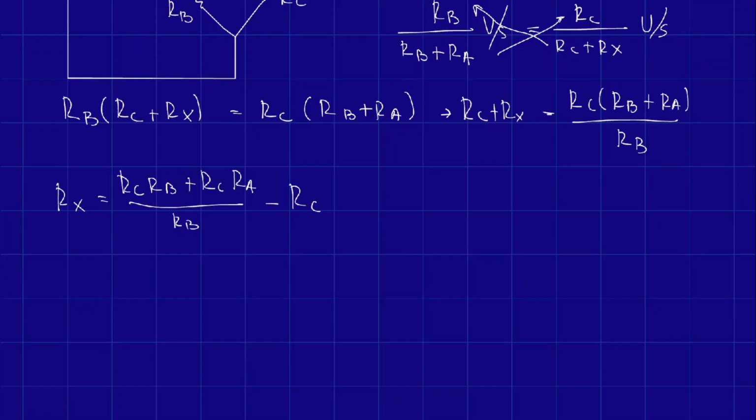If we want to directly do a common denominator, we can multiply and divide by Rb, and we might as well write it as a common denominator right away. So we have minus Rc Rb. As you notice here, these two terms cancel out. So as a final result, we have Rx equals RcRa divided by Rb.